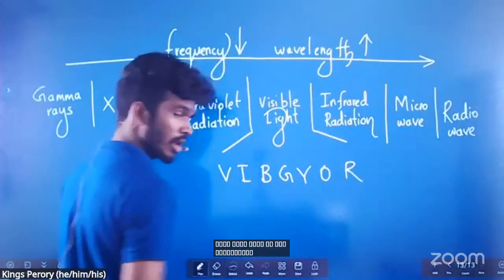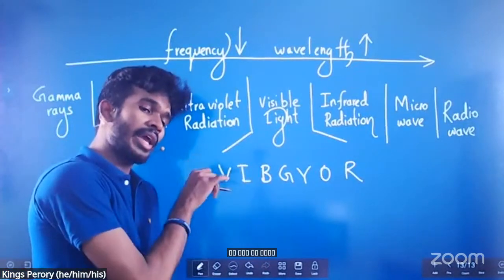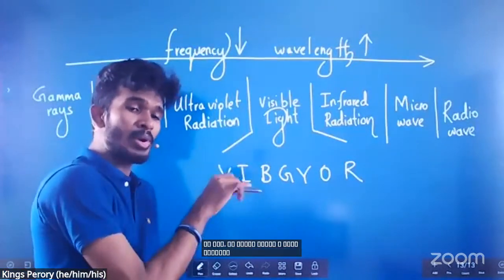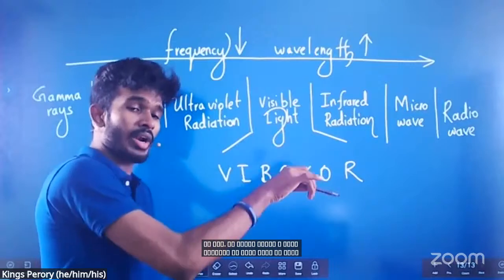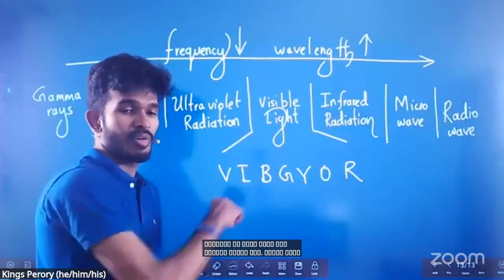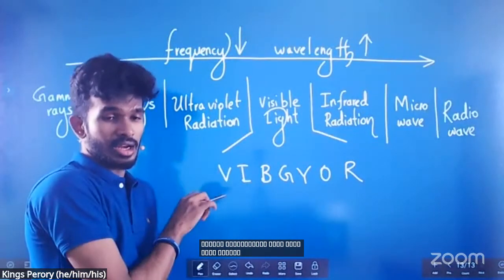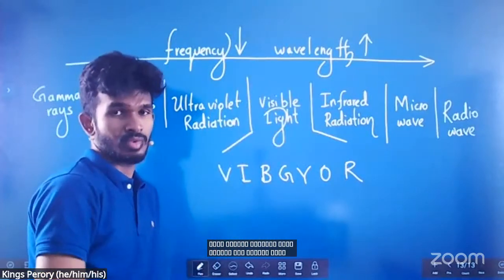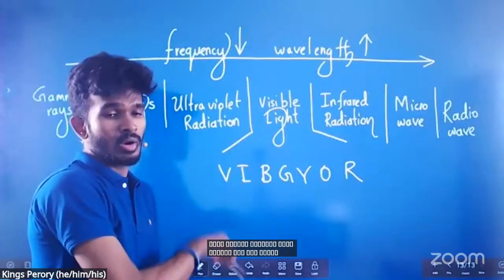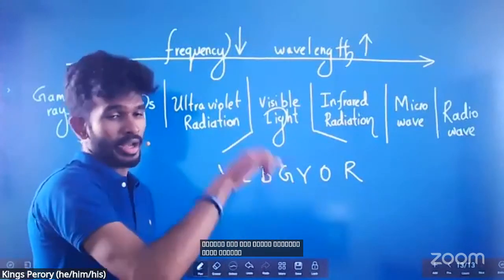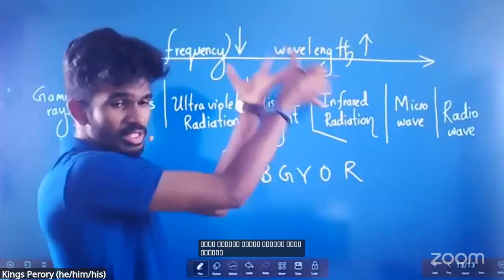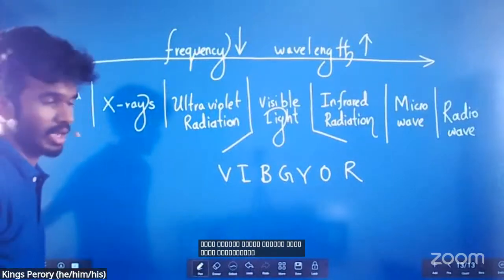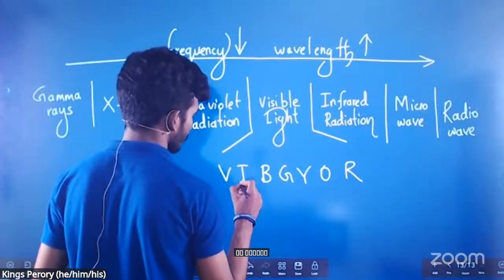What is VIBGYOR? V for violet, I for indigo, B for blue, G for green, yellow, orange, red. Violet, indigo, blue, green, yellow, orange, red. This mixture is visible light.